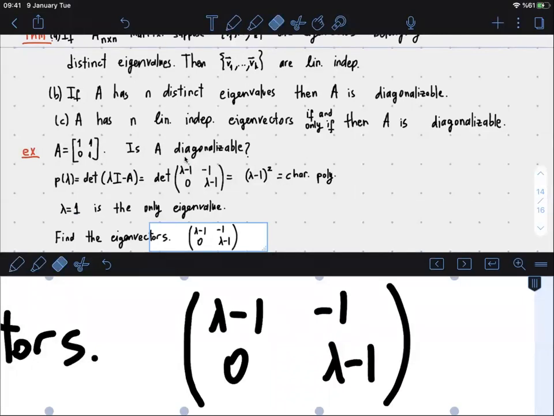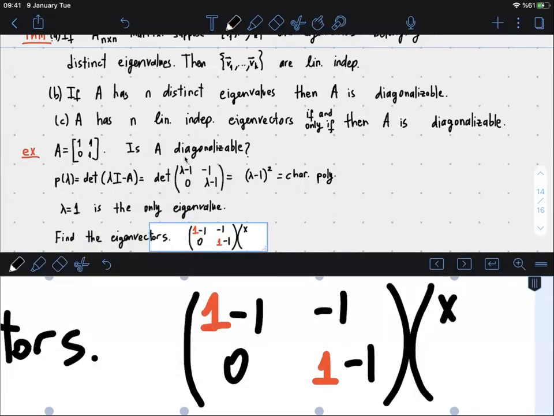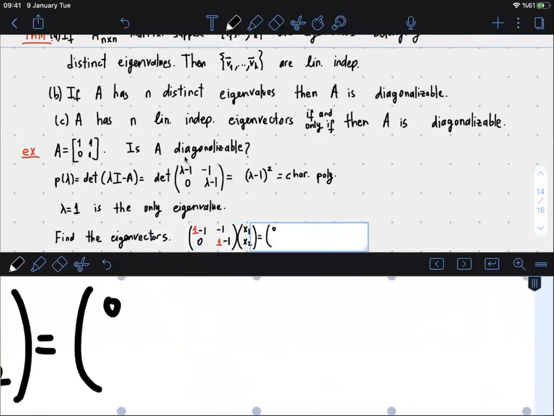Now I erase these lambdas and put the value lambda equals 1, because that's the only eigenvalue. And I'm looking for the solutions x1 and x2 such that this equals 0, 0. So these are the eigenvectors.